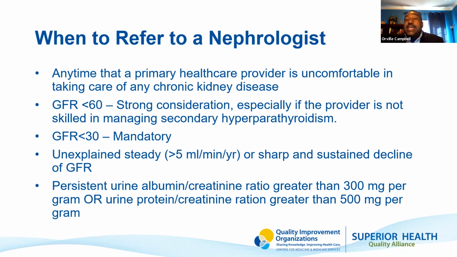So it's not only the absolute loss, but the rate of the loss. Persistent urine albumin creatinine ratio greater than 300 milligrams per gram, or urine protein to creatinine ratio greater than 500 milligrams per gram.